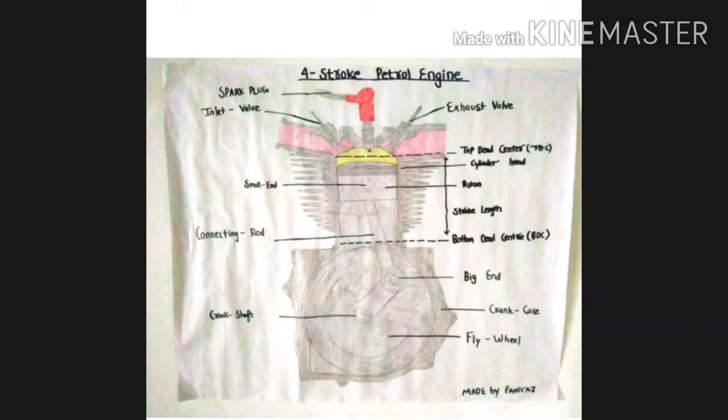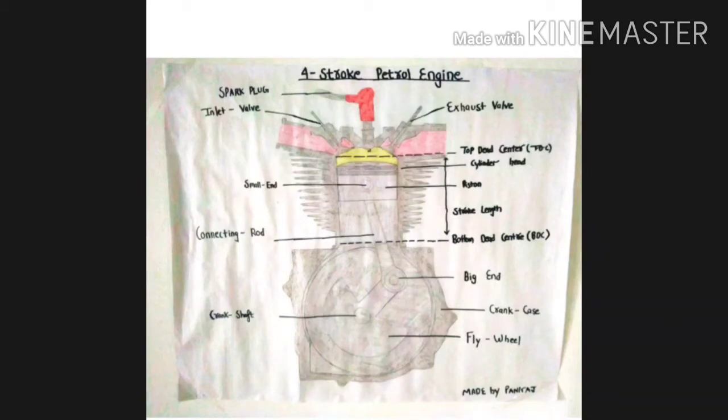Otto described that the petrol engine works at constant volume, and at constant volume we have to ignite the petrol because petrol is volatile in nature. That's why we require a spark plug. Spark plug is the medium by which we can ignite the air fuel mixture very easily.